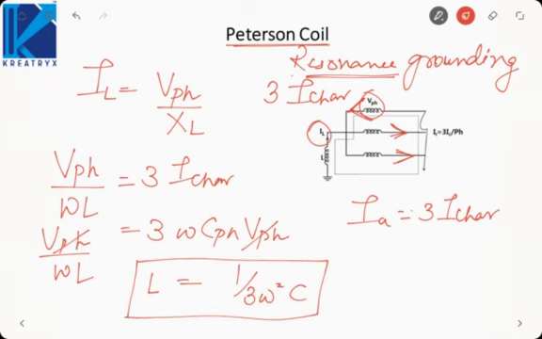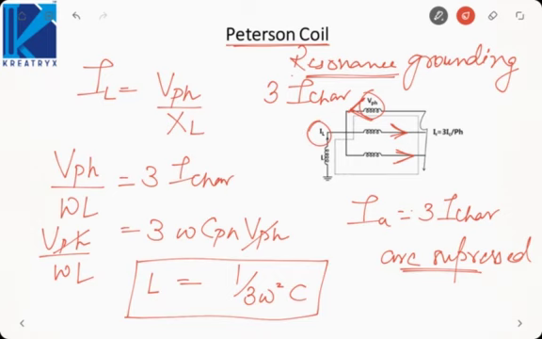This is the inductance that you have to use for the case of resonance grounding or for the case of Peterson coil. This is also called the inductance of the arc suppressor coil, because if you use this inductance, then the line charging current will get cancelled out. There will be no formation of arc. So arc is suppressed here. So it is also called arc suppressor coil.